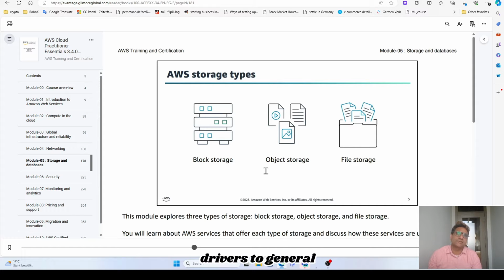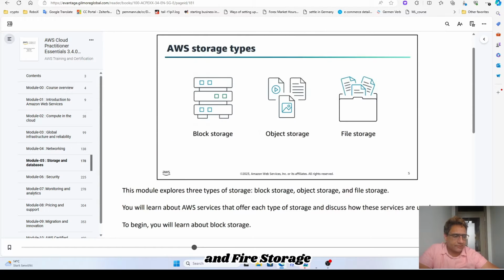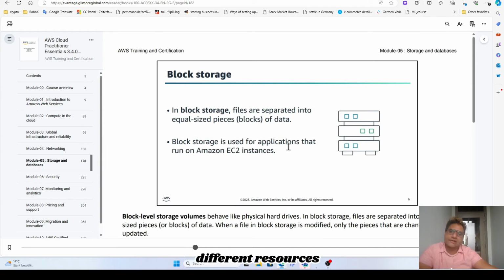File storage is the general file type. For example, if you're writing some program and you have a shared library, and this shared library is used by different entities like applications, users, other computers, and so on. File storage is simply files shared by different resources.